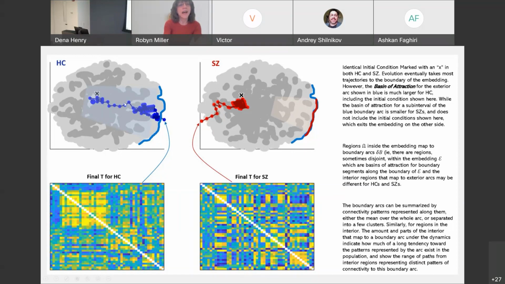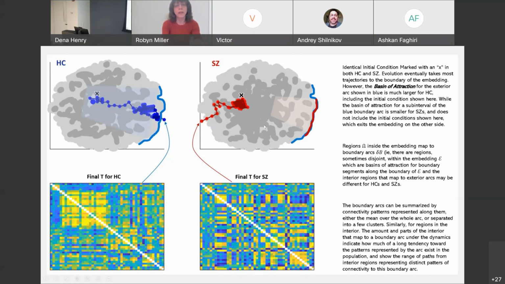So for the healthy guy, he's drawn all the way out to this kind of boundary area, which actually represents a very structured kind of connectivity. The starting point for this in the schizophrenia embedding leads quite the opposite direction and takes him into something a little bit messier.